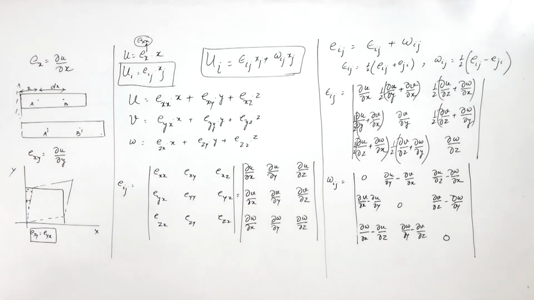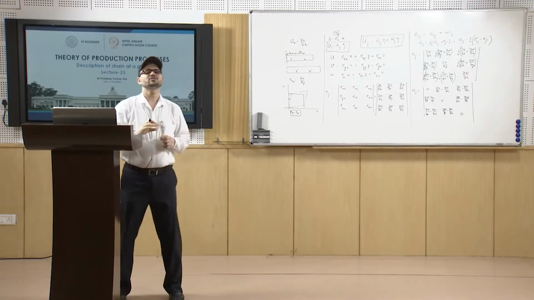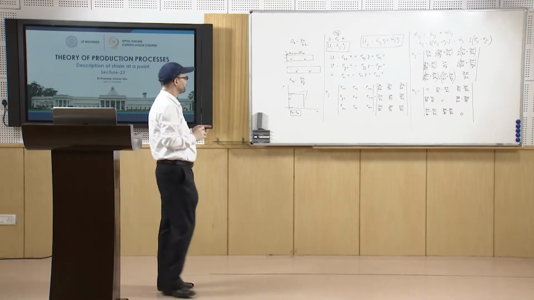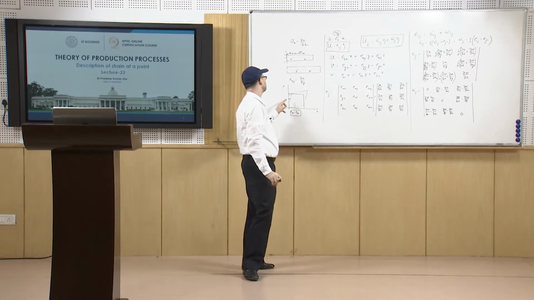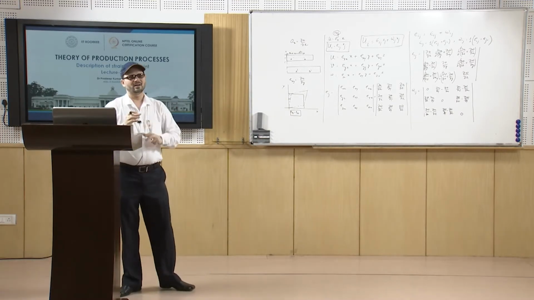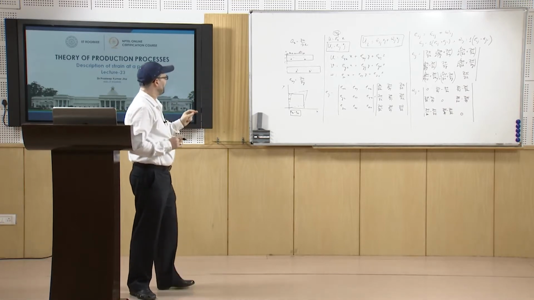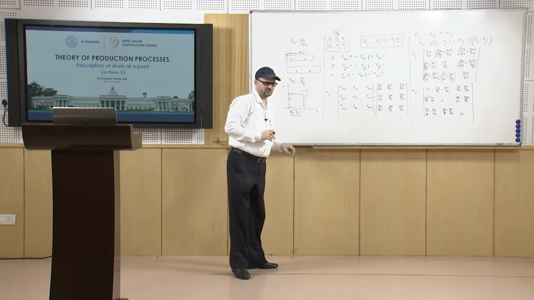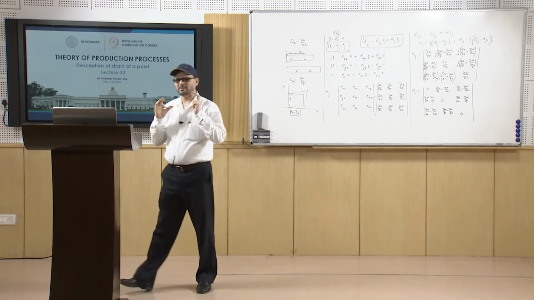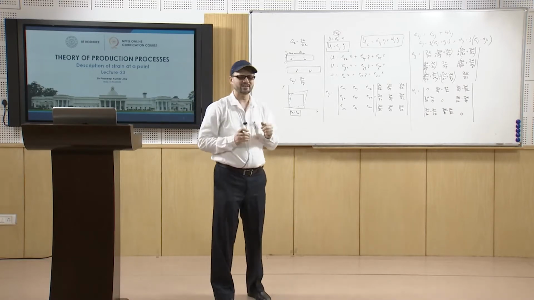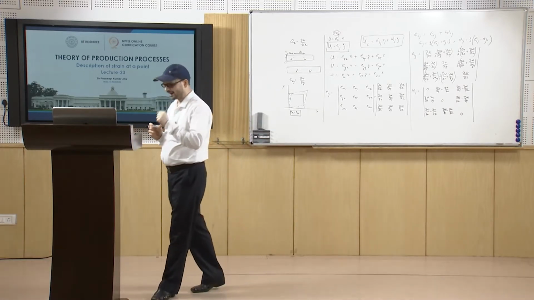Now we have to define the shear strain. So what is the shear strain? If you look at this figure, you have gamma xy, and then you have the strain here as Eyx. Shear strain will be defined as the total angular change for a right angle.